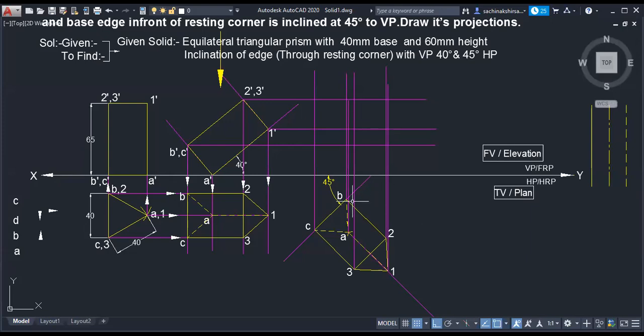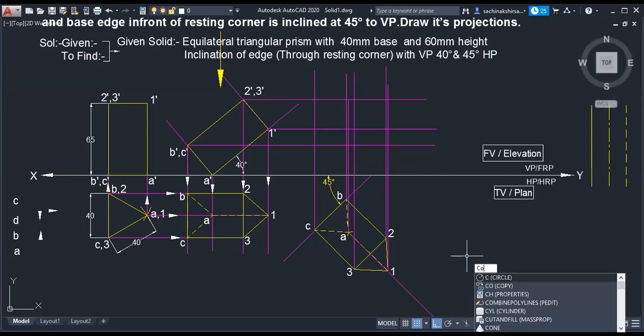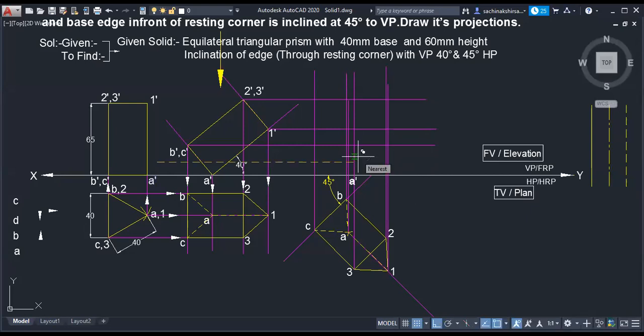Now we have to locate the points. So let us locate the points of the base. A dash. Where will point A dash be? Is it on the XY line? Very carefully. It will be on the XY line. Okay. Next, B dash.